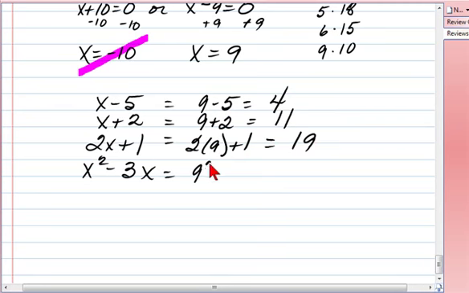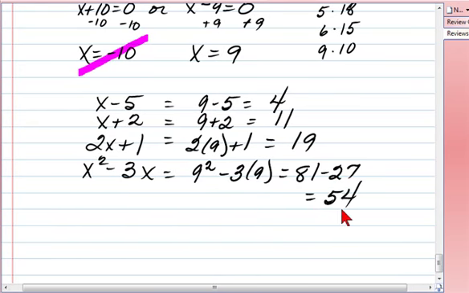And 9 squared minus 3 times 9 is 81 minus 27, which is 54. So are you substituting the 9 for the x? Yes, I am. I substituted 9 in here, 9 in here, 9 in here, and 9 in here, and here. I tried to do it with negative 10, but it gave me a negative side, so I stopped.